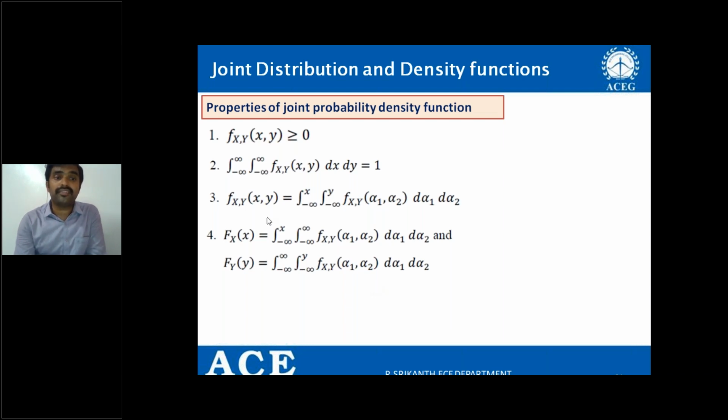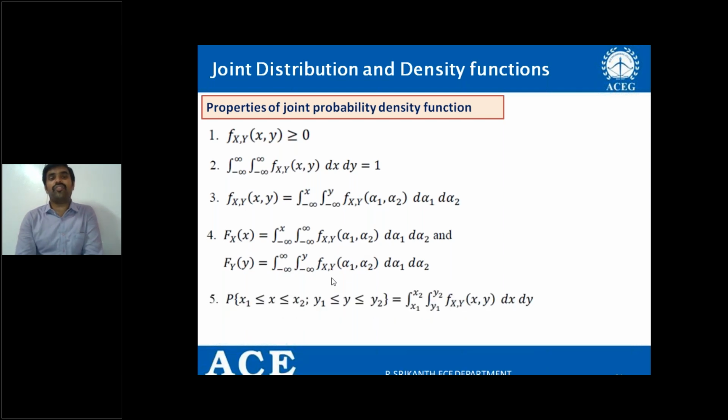The third property is deriving the joint distribution F_{X,Y}(x,y) by using the joint density function. The fourth property states that the marginal distribution function can be derived by knowing the joint density function, right?